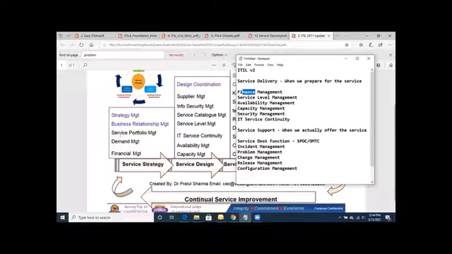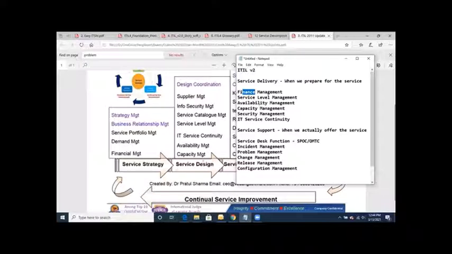There are two more added in V3 in service strategy, which was demand management and portfolio management, जो अब नहीं है in ITIL 4 में नहीं है. ठीक है, though it is there in any case, but explicitly जो ITIL 4 का फाउंडेशन का स्कोप देखोगे उसमें आपको ये प्रोसेसेस कहीं पढ़ने को नहीं मिलेंगी. You will not see them anywhere.